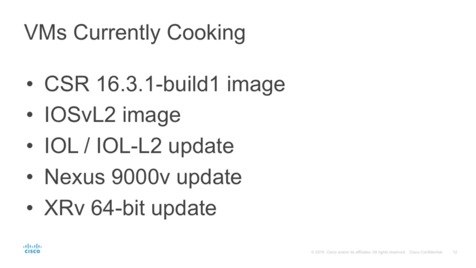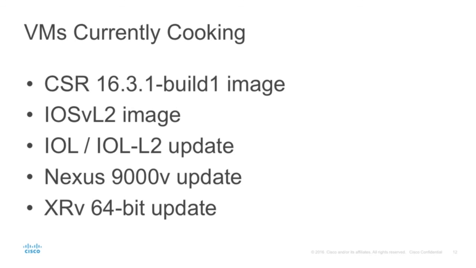The next one, IOS XRV. Okay, so the current IOS XRV image that we have is based on IOS XRV 6.1. That's based on a QNX microkernel and a 32-bit code base. With IOS XR 6.2, Cisco's moving to a newer 64-bit code base with a Linux kernel, and we're releasing that in VIRL as the IOS XR 9000V, and that image we expect to have in early 2017.